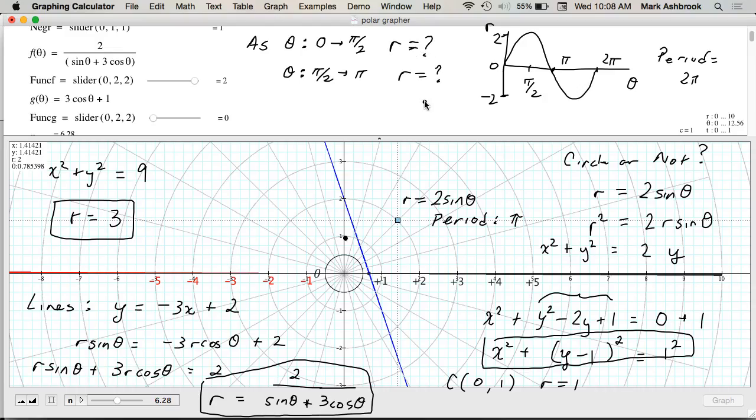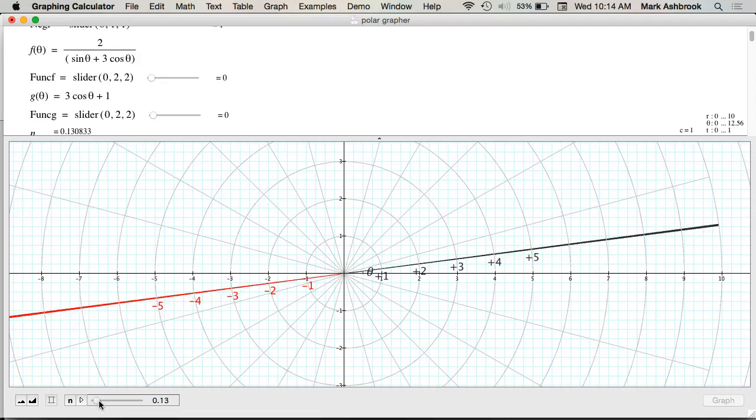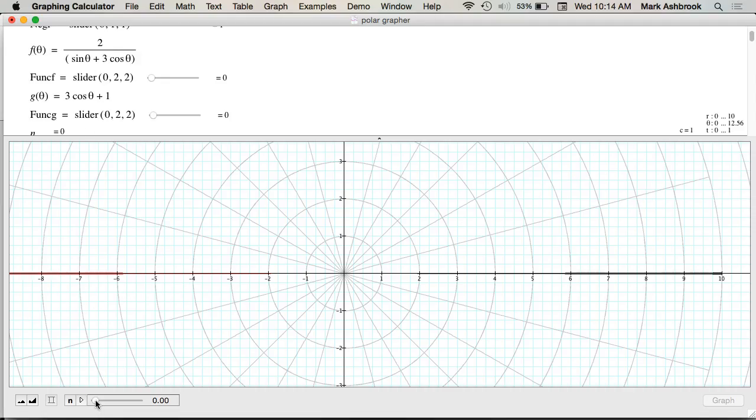Two variables varying together. Whatever it takes in the rectangular coordinates to get the whole polar graph, the whole period of the polar graph.